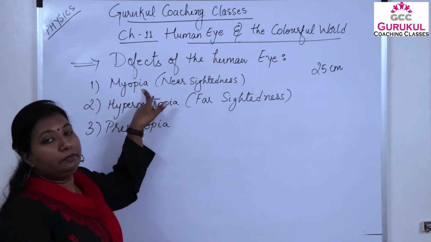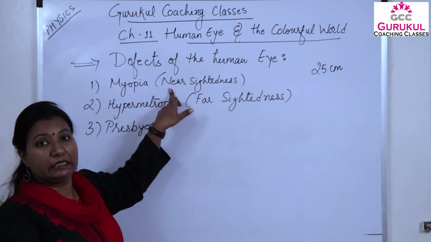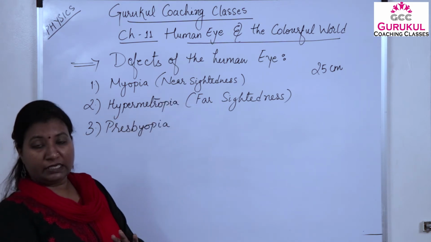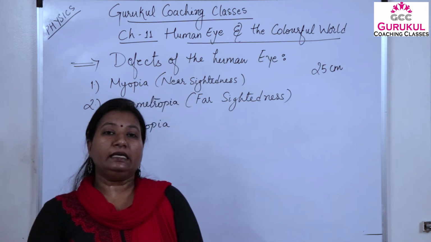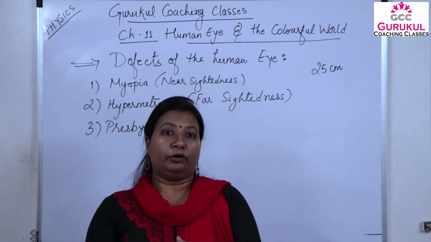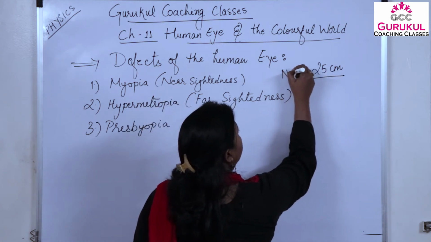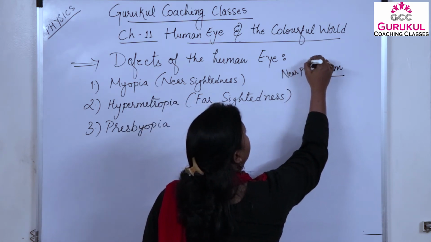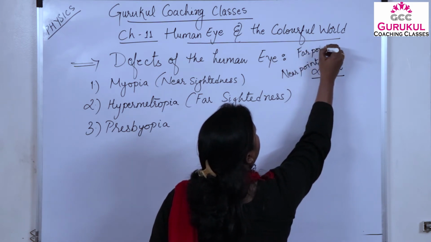So if the person is suffering from myopia, in that case the person can see only the nearby objects. The person can't see the faraway objects. Far point of the human eye is infinity, and 25 centimeter is the near point.